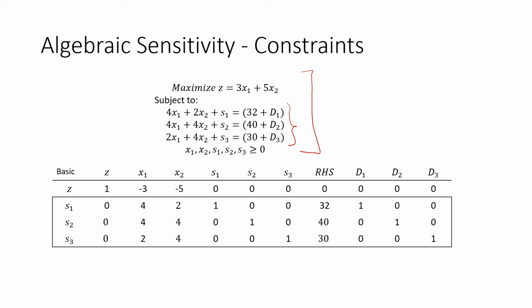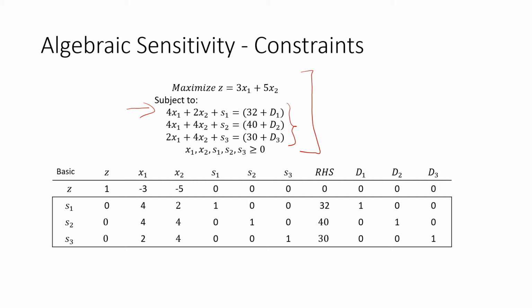So if we increase our right-hand side, instead of having our first constraint less than or equal to 32, we change the 32, and we use a variable to say how much that changes. So D1 means how much we're changing it. Our first constraint says we have 32 and we're increasing it by D1.